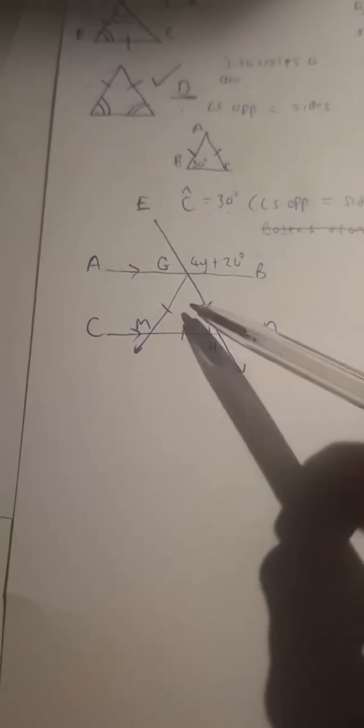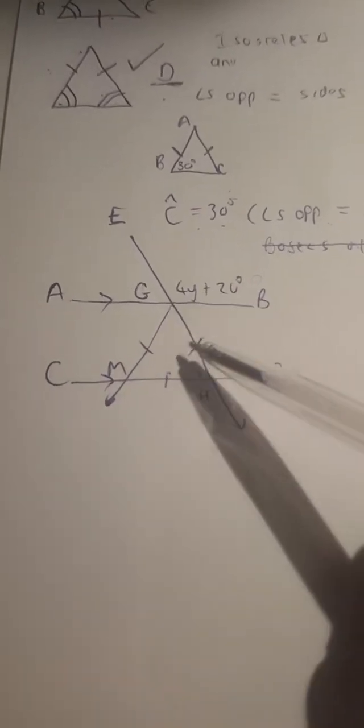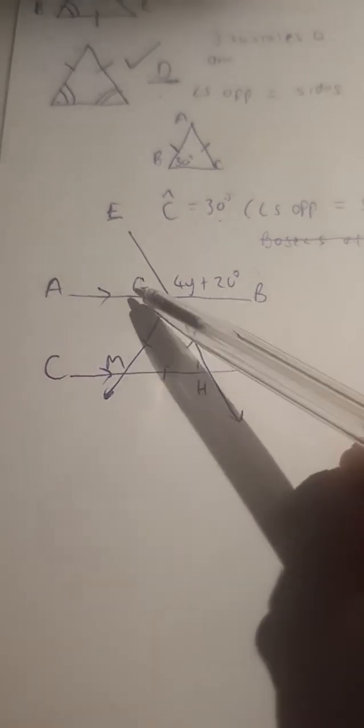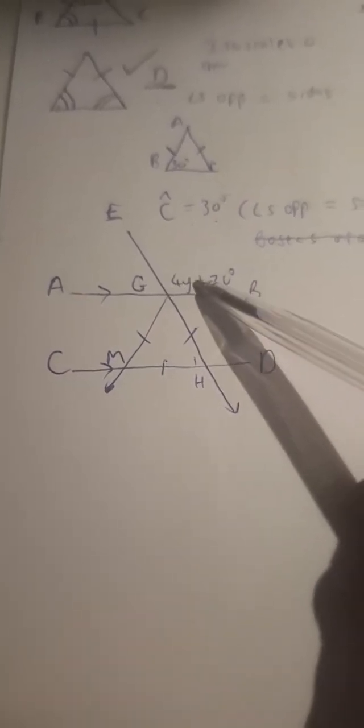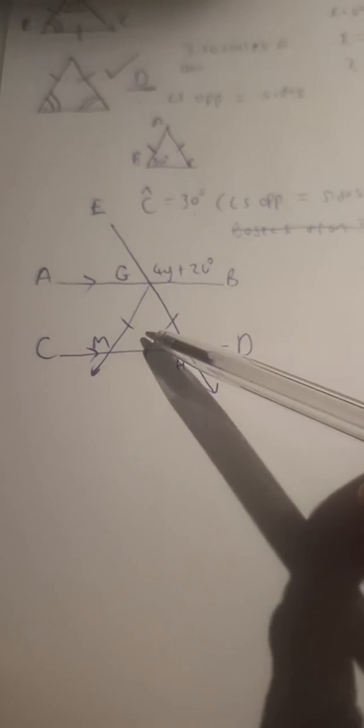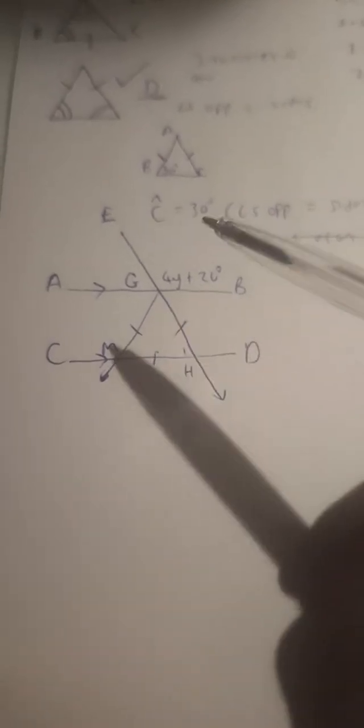So we want the value of y. AB and CD, those are parallel lines. AG, there's the 4y plus 20 degrees there. So if we can find the value of y, that would be great. But currently, we have no other information here. This triangle, we are told, is what?